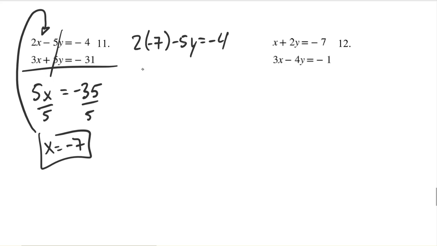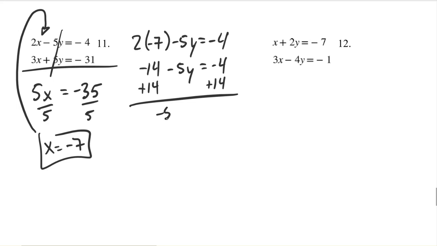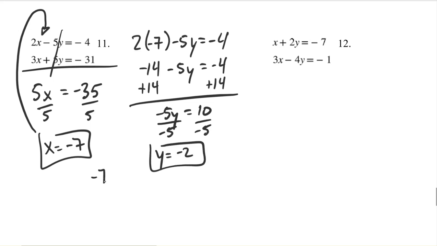Negative 14 minus 5y equals negative 4. Add 14 to both sides. Negative 5y equals 10. Divide by negative 5. And y equals negative 2. Our solution is negative 7, negative 2.